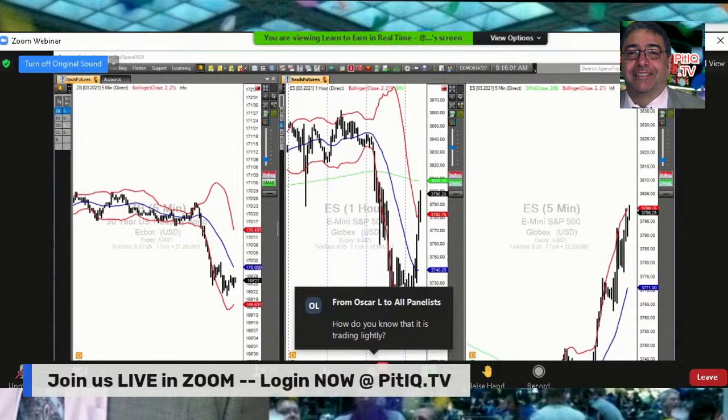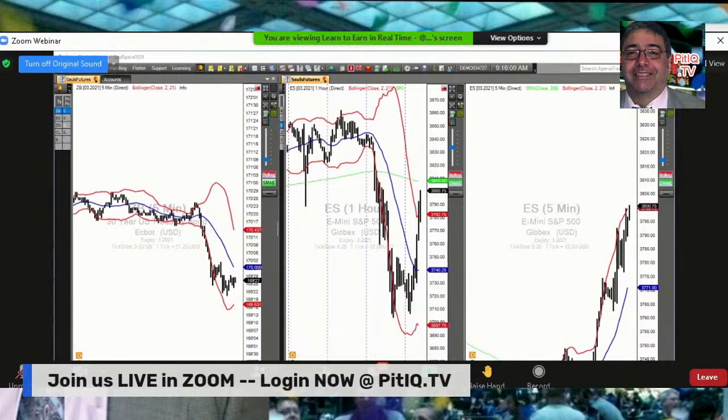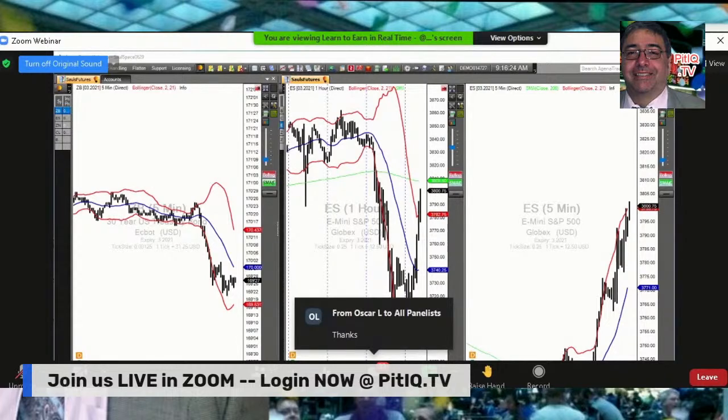It's really slipping around here. We have to trade lightly. You're trading fewer contracts. You're not trading multiple contracts, and if you're only trading one, you're maybe not trading at all until this thing settles down. The market is whipping around.